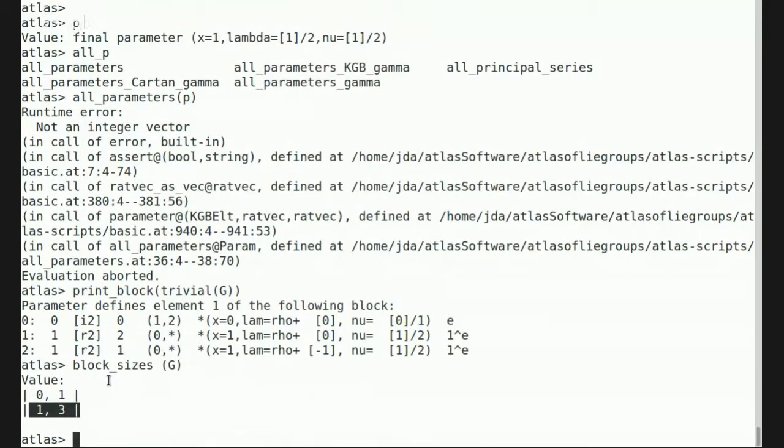I'm sorry, I misspoke. These 3 are at infinitesimal character rho, and there's one other at a different infinitesimal character.